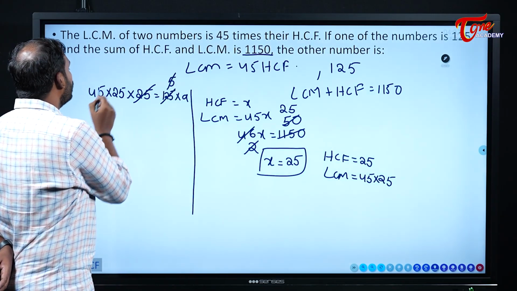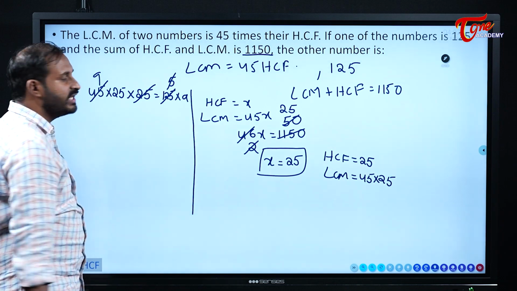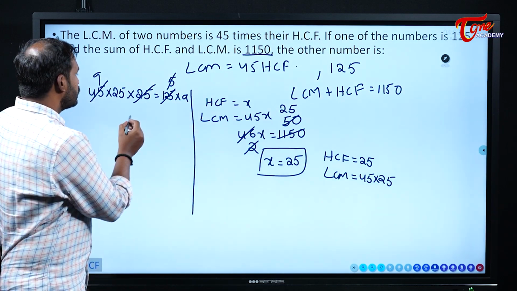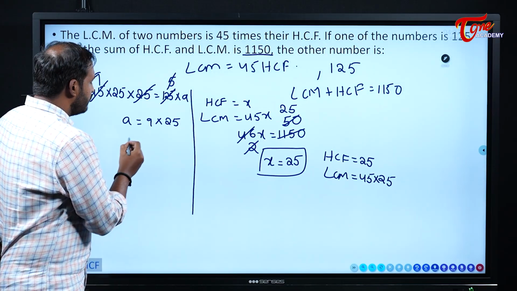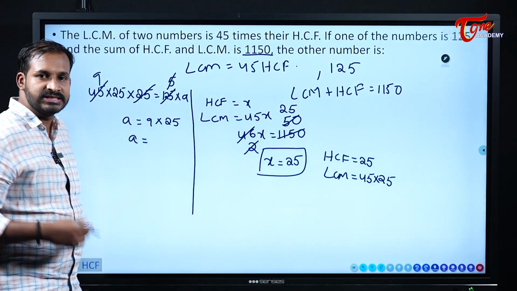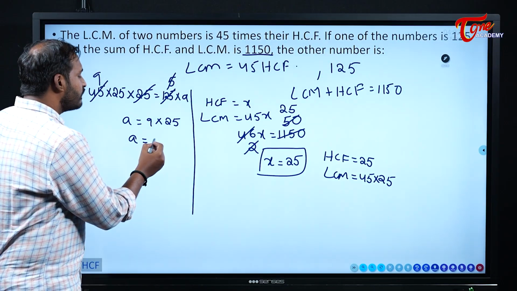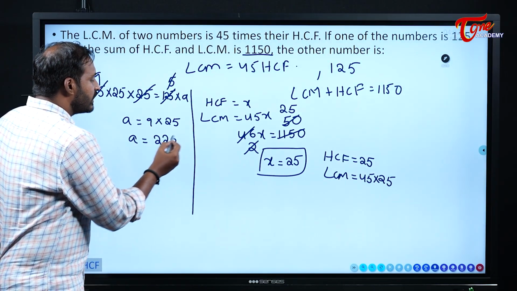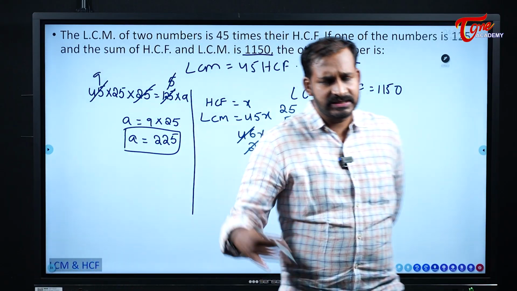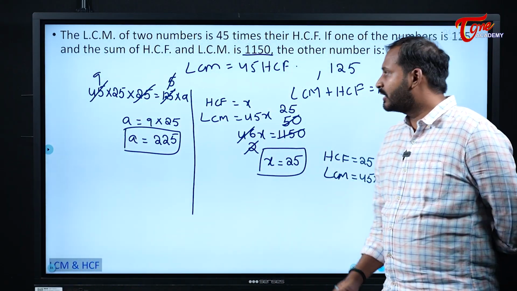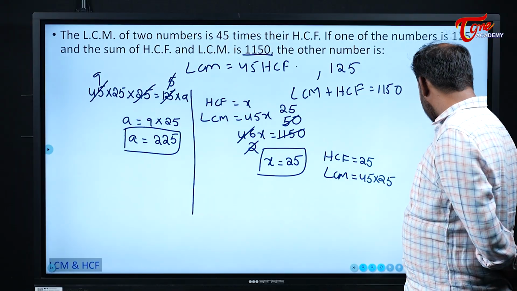Next 4 ones 4, 9, 5 ones 5, 9's. So A value is 9 into 25. Now we need to find the value of A. Why? Because that is the required answer for us. So 225 is what you will get here. So the value of A here is 225. A means nothing but the second number. Okay, so we need to find the answer in this manner.